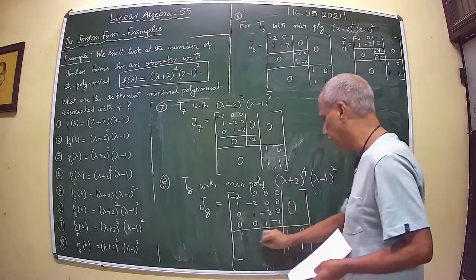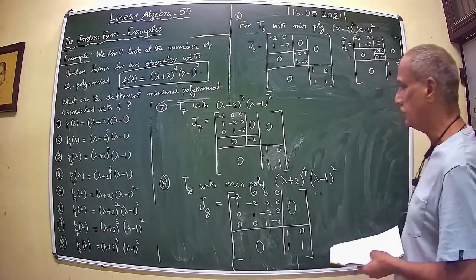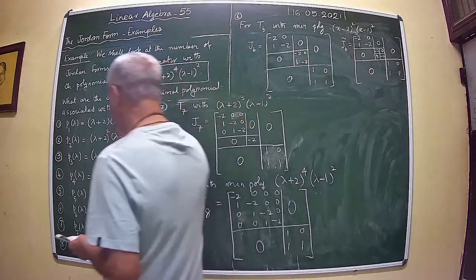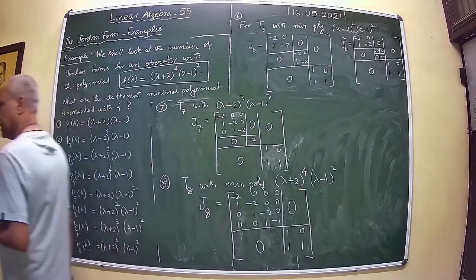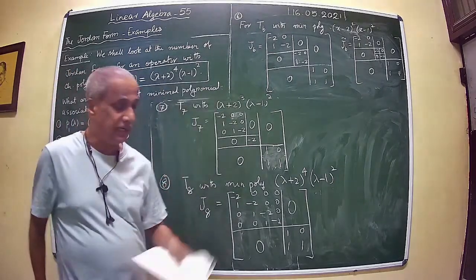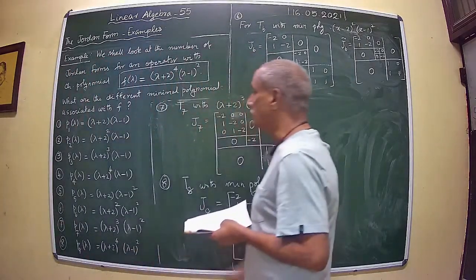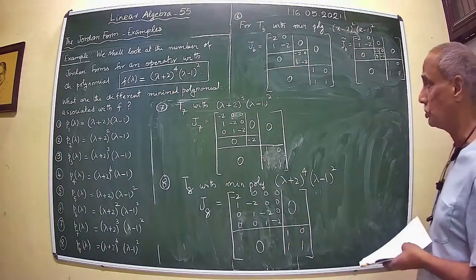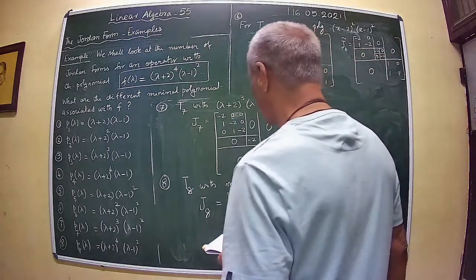So this is what you get. So J8 is this. Now this is the breakup that you have. All possible Jordan forms that are dictated by the characteristic polynomial lambda plus 2 whole square into lambda minus 1 whole square.